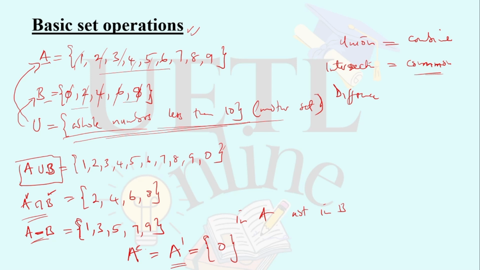The difference is the elements which are in A, not in B. So in one set, not in another. Then here we have complement, which are the elements in the universal set but not in that set. So this is the meaning of complement.